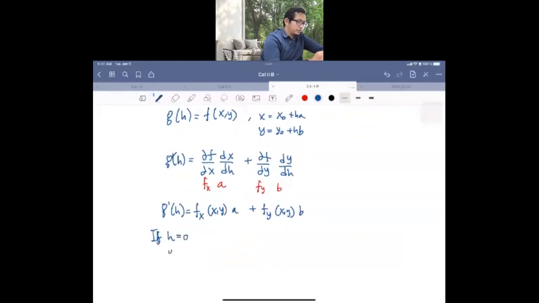If h is 0, then this will be (x0, y0), back to the origin. This is a, and this is partial y at (x0, y0) times b.